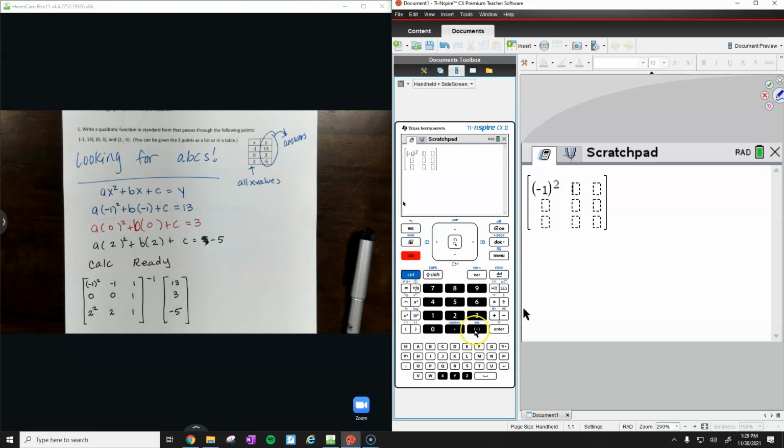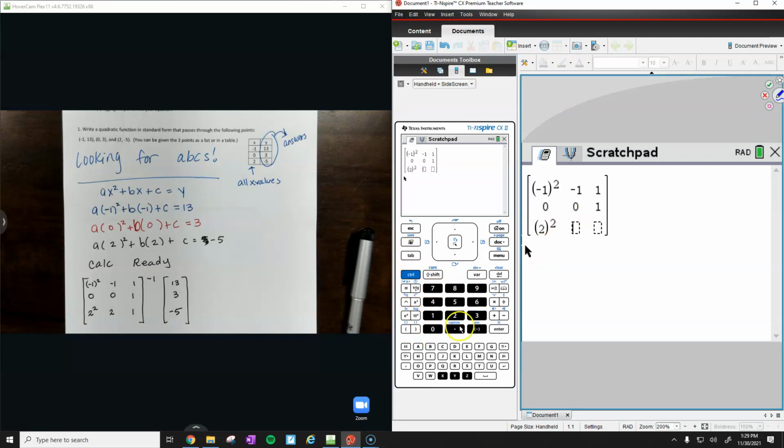And then we had a plain -1, and then a 1. Remember, our next row was 0, 0, 1, so 0, 0, 1. And then our last row was 2 squared, 2, and 1. So again, you can go ahead and square it in your head if you want to. I just want to show that you can go ahead and leave it in exponential form, and the Inspire will go ahead and calculate the values for you.